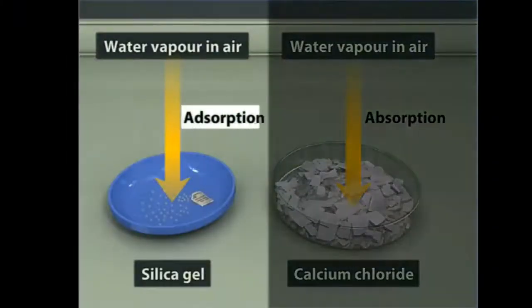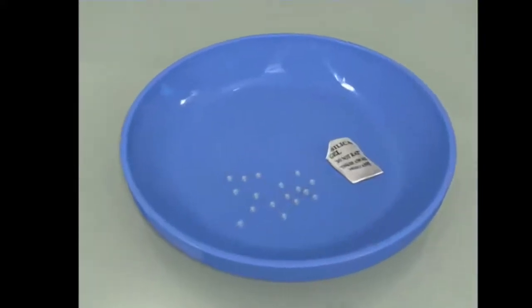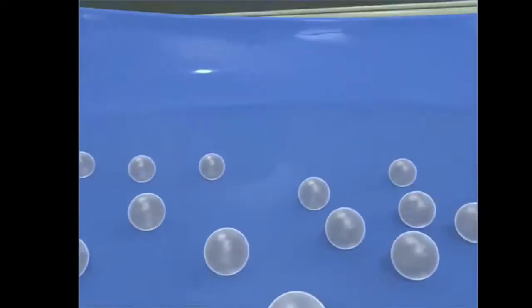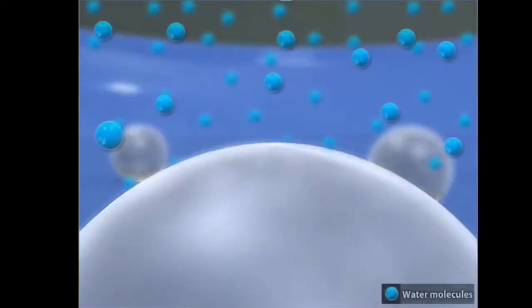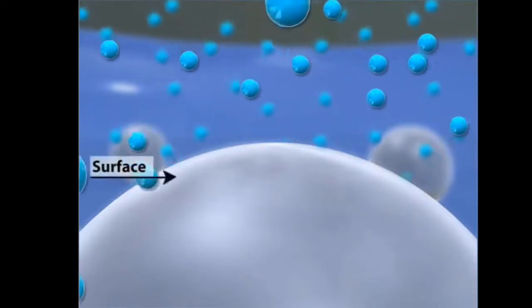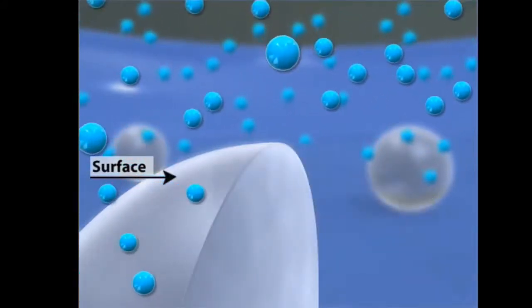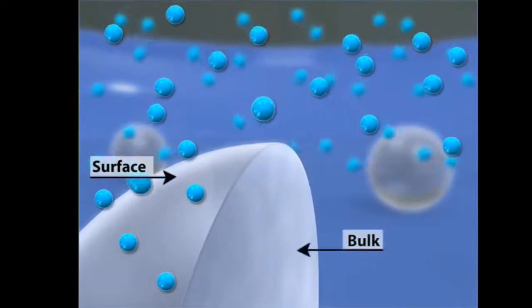In the case of adsorption, silica gel attracts water molecules and retains them on its surface. The water molecules do not move deeper into its bulk.